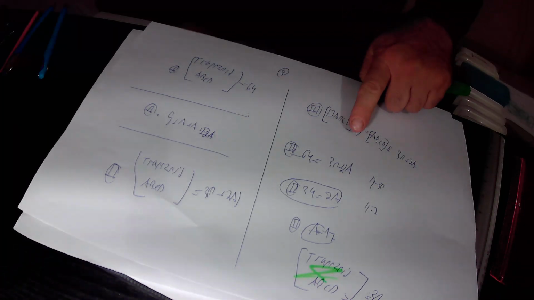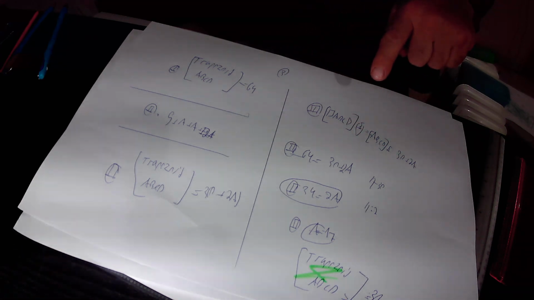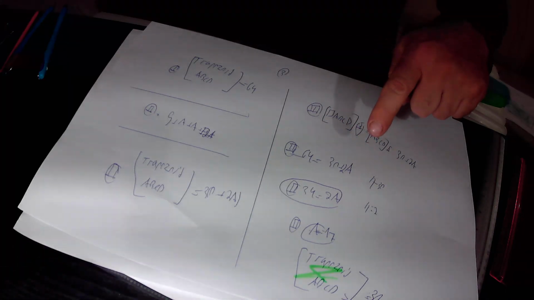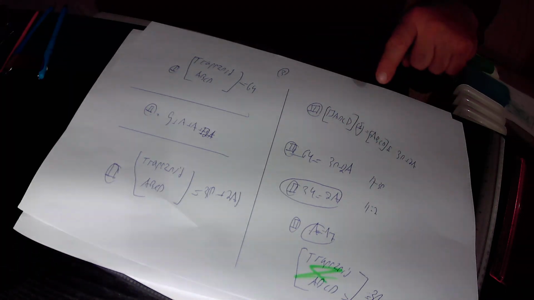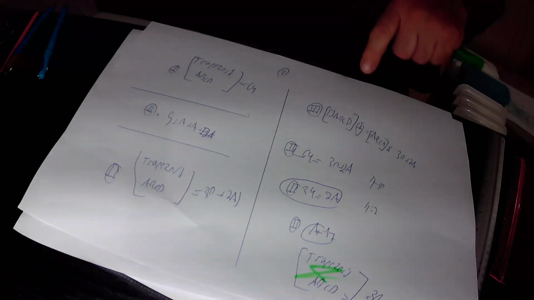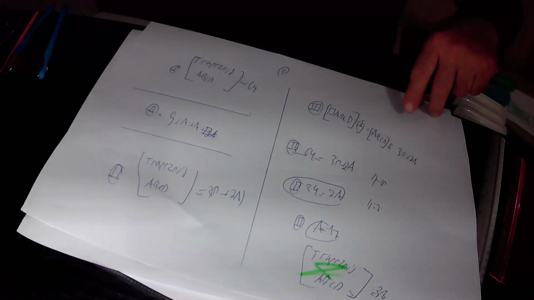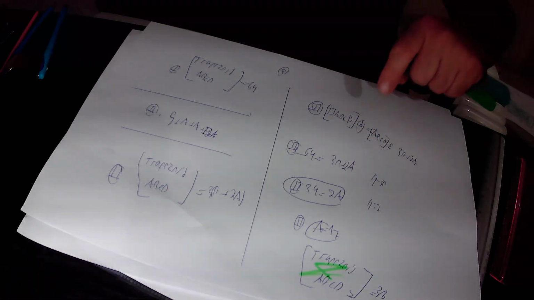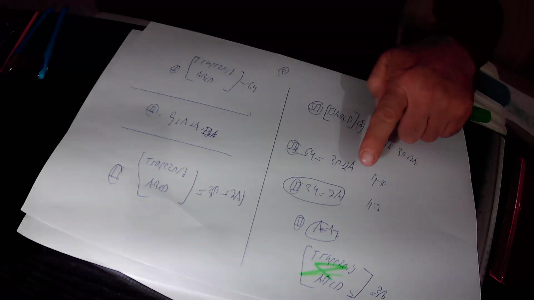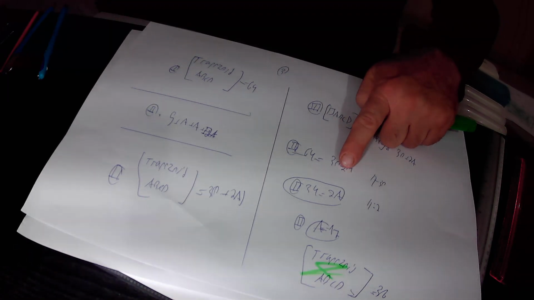Okay, so if we subtract 30 from the equation, we find out that 64 minus 30, which is 34, equals 2a.